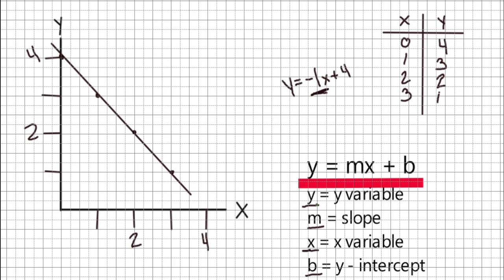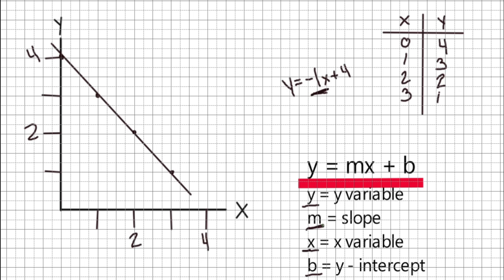So if we go through each of these, y is our y variable, and our y variable is dependent on our x variable. m is the slope of our line. As m increases, our slope gets steeper. As m decreases, our slope gets flatter. m rotates our line.